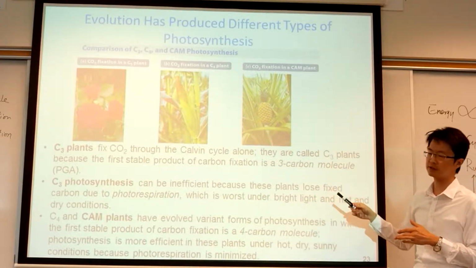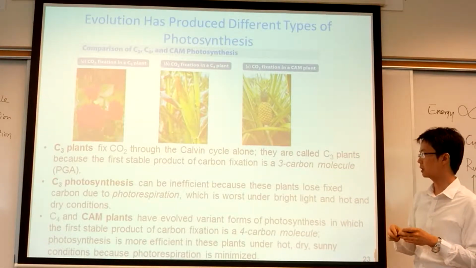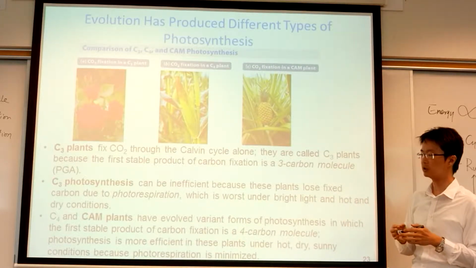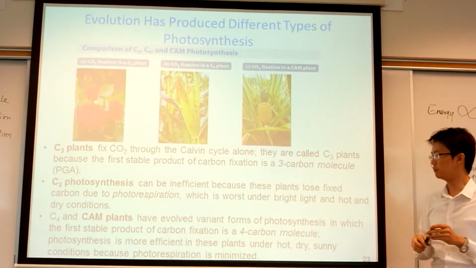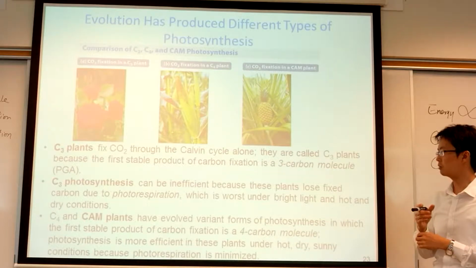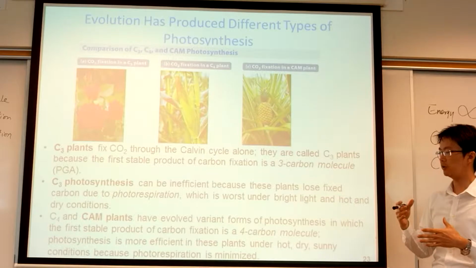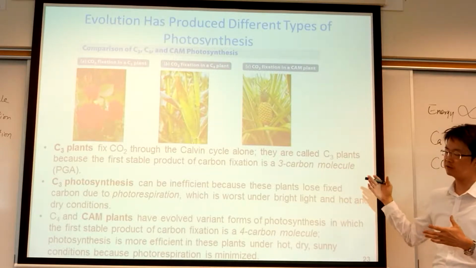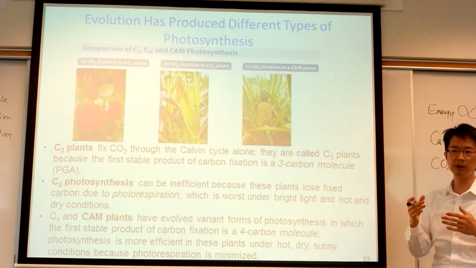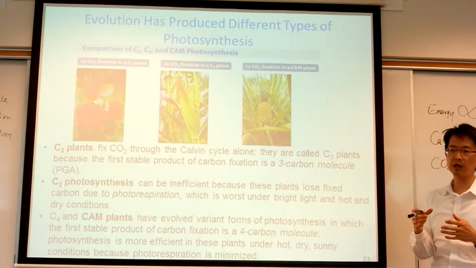C3 photosynthesis is not efficient because the carbon can be lost in photorespiration. What is photorespiration? During strong sunlight, there will be a lot of photosynthesis occurring in the C3 plant. Then there will be accumulation of a lot of oxygen in the leaves, and carbon dioxide will be used up inside the leaf.